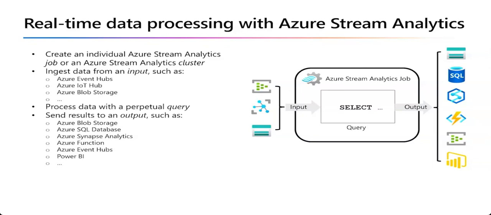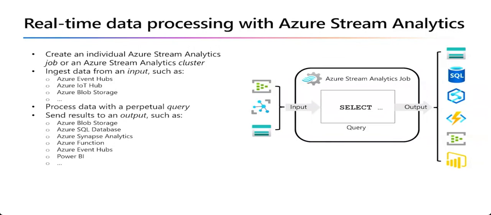It is one of the PaaS solutions, the platform as a service solutions, that you can use to define streaming jobs that ingest data from the streaming source, apply a perpetual query, and write the results to the output. Azure Stream Analytics is a service for complex event processing and analysis of stream data.